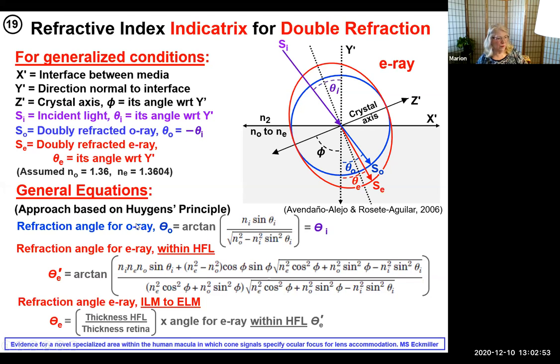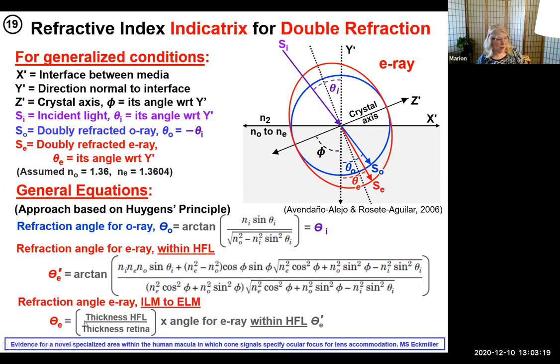The refraction angle for the O ray winds up being just the direction that it came in at. But the refraction angle for the E ray is this nice little formula here. So within the HFL, the E ray is going to be refracted very much because the HFL is what is birefringent.